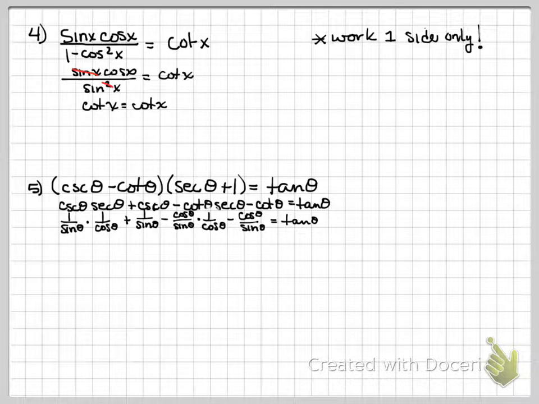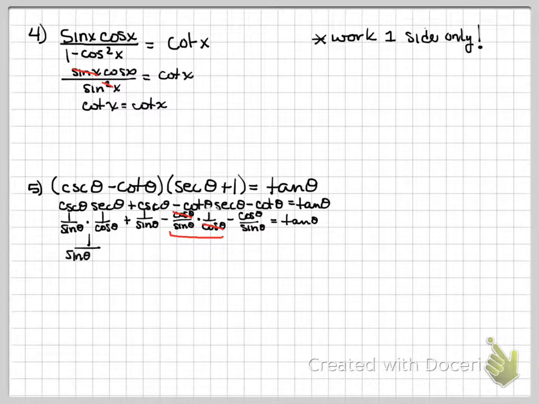Leave it alone. Now if I look here in the middle, I can simplify that a little bit. I can cross off the cosines, and that's going to leave me with a 1 over sine there. So now I have 1 over sine theta cosine theta.